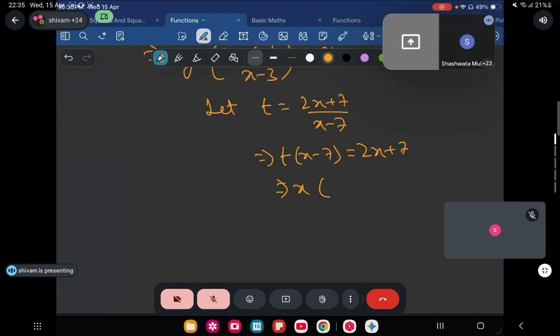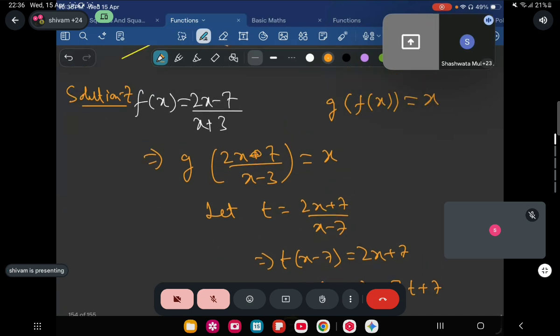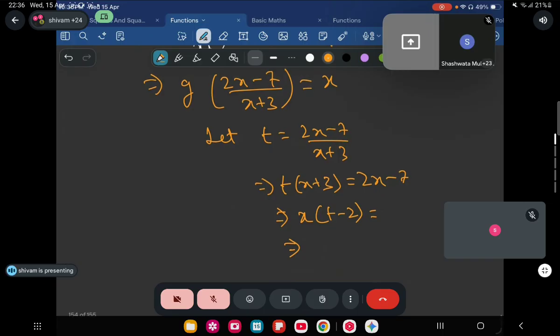Taking x common, we are going to get x into t minus 2, and this will be equal to minus 3t minus 7.